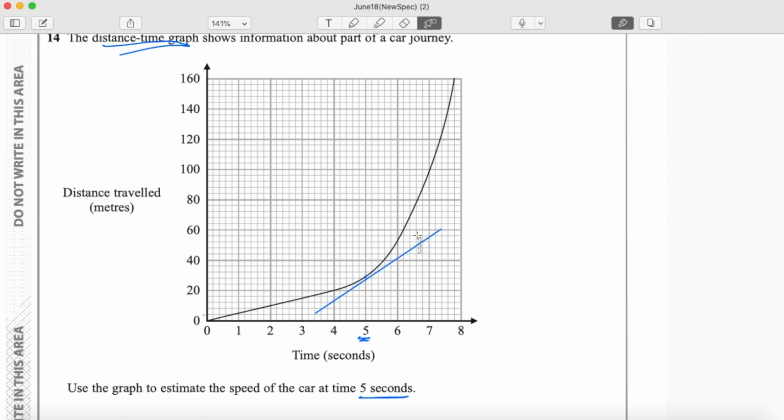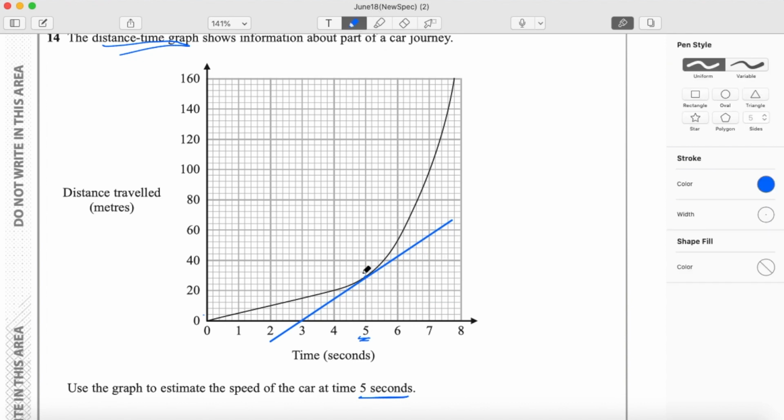That looks tangential to me. Yep, that looks about tangential to me. So at this point, if we were to draw 90 degrees, yeah, I think that's a good tangent. So 90 degrees to the curve at that particular point at 5 seconds.